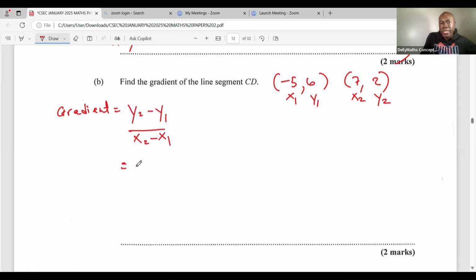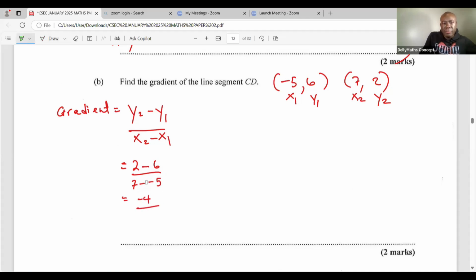The idea for gradient is simply rise over run, change in y divided by change in x. So it's going to actually be 2 minus 6 over 7 minus -5. So here we'll have -4 over this part.